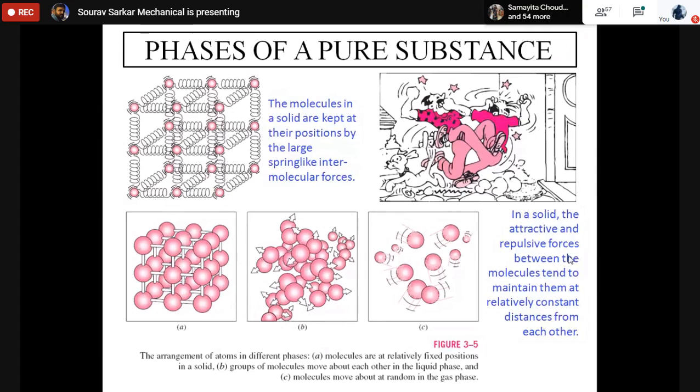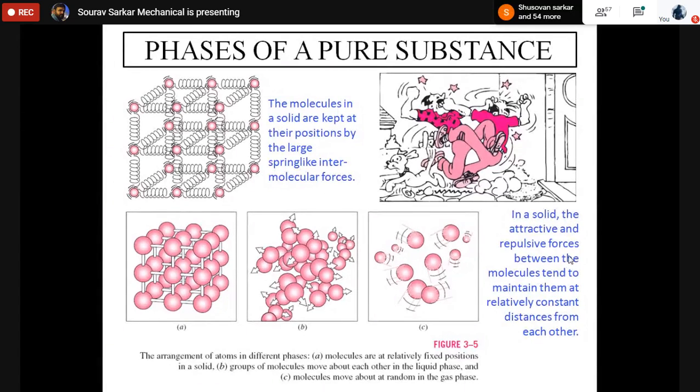So now what is phase? I told you that it is defining a specific molecular arrangement. This molecular arrangement is created due to the molecular attraction forces. If the attraction force is very strong, the molecules will remain in a compact, rigid structure. We can imagine these intermolecular forces as spring forces.